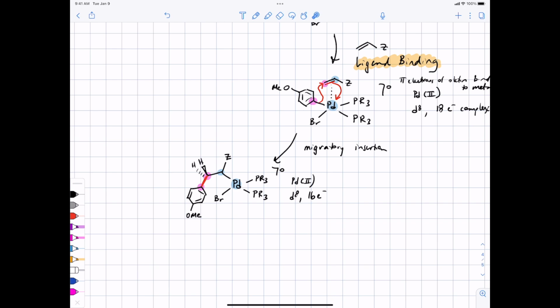All right. What I want to show you here is the basis for the stereochemistry.